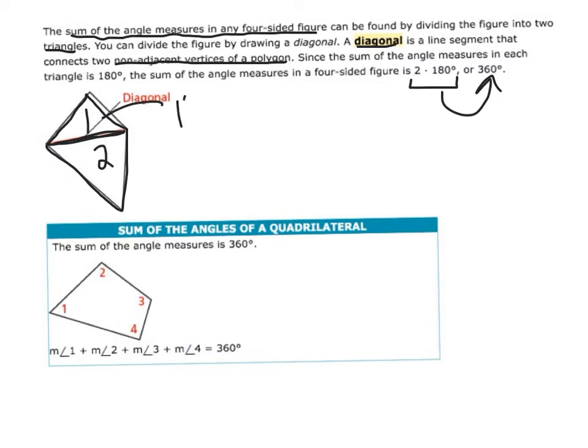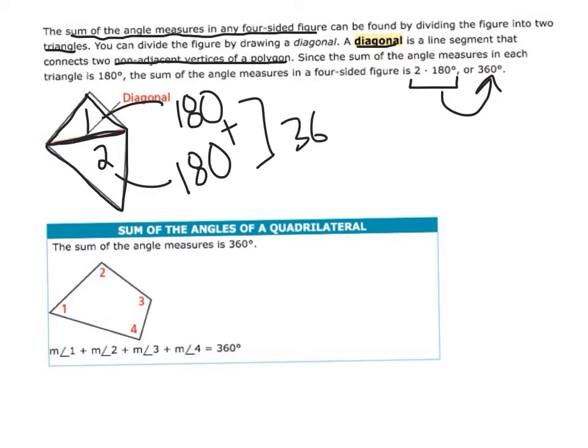And each triangle has 3 angles, and the sum of those angles would be 180 degrees. When I add that up, I get 360 degrees. So the sum of a quadrilateral's angles is 360 degrees. This is the sum of angles of a quadrilateral. So it's another rule. The 4 angles in a quadrilateral add up to 360 degrees.